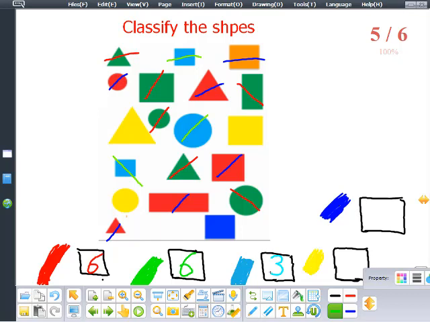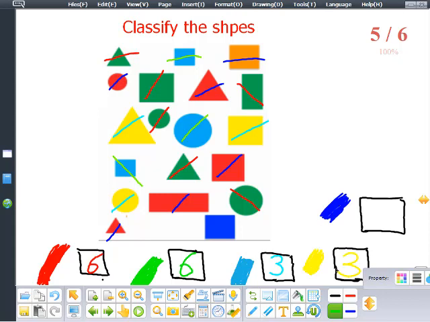What about the yellow ones? Let's count the yellow shapes. 1, 2, 3. Anyone else? Any other shape? No. Excellent. So they are 3. 3 yellow shapes.